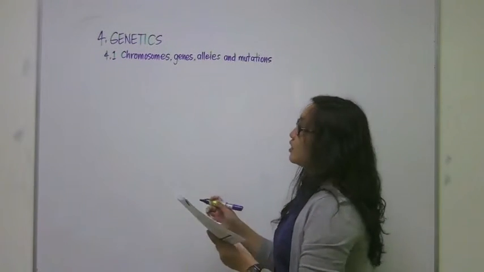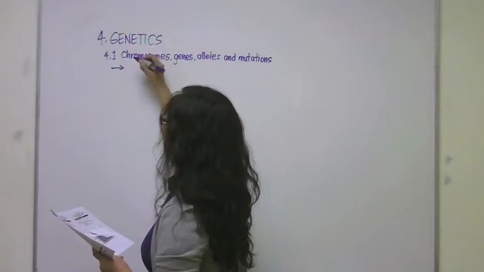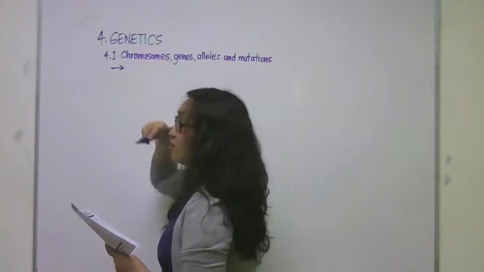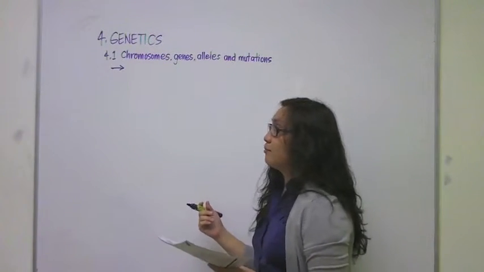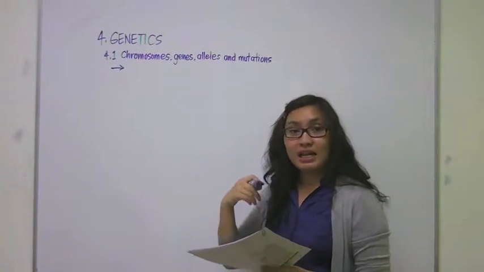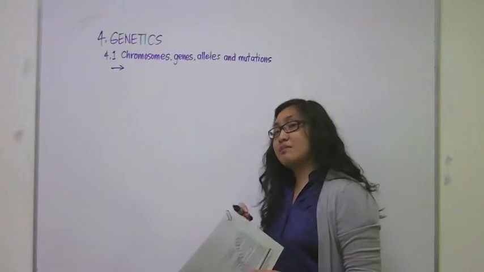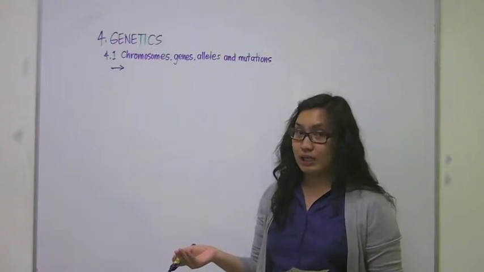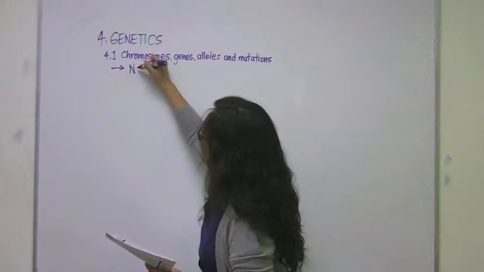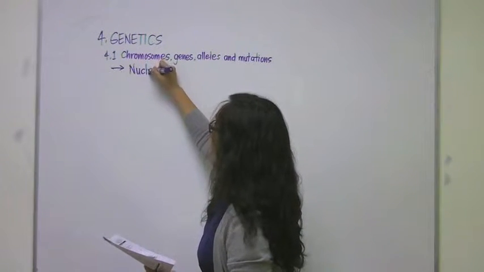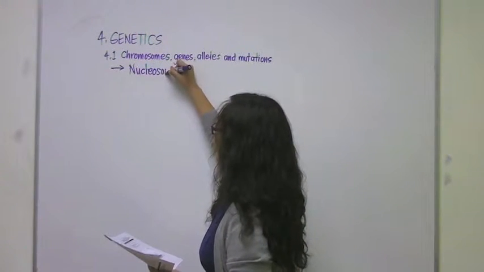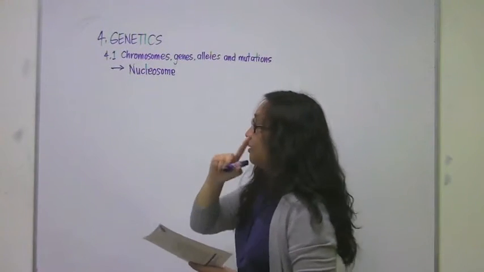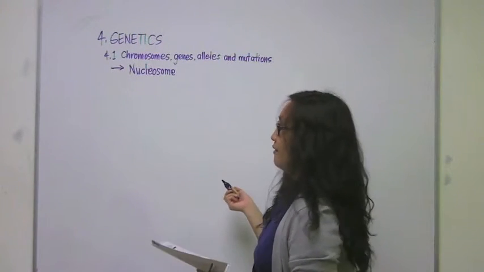So first things first, we have to introduce the structure of the nucleosome, because the nucleosome contains the DNA double helix, which is being supported by the histone proteins. Actually, the nucleosome is studied more in depth in the next chapter, which is chapter 7.